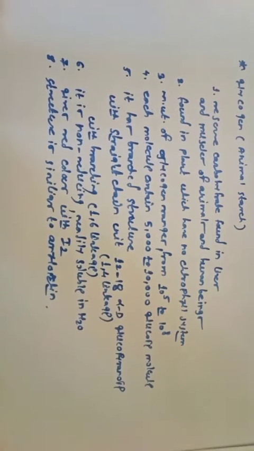Not only is there a straight chain, but the straight chains are also joined with another chain by 1,6 linkage, so there is branching with another linear sequence of this polysaccharide.